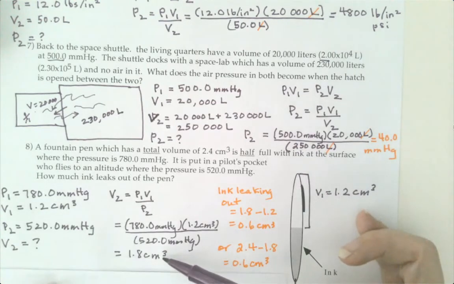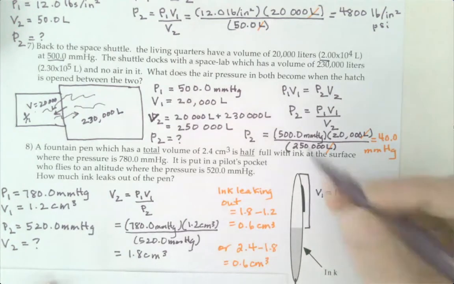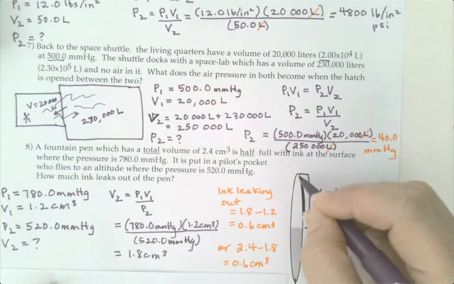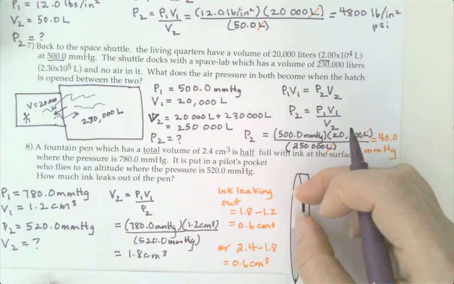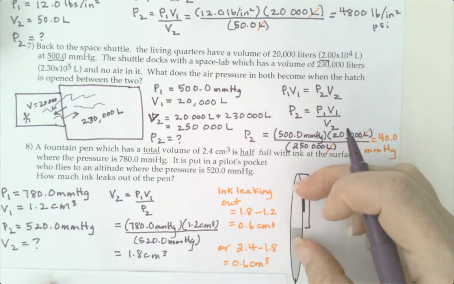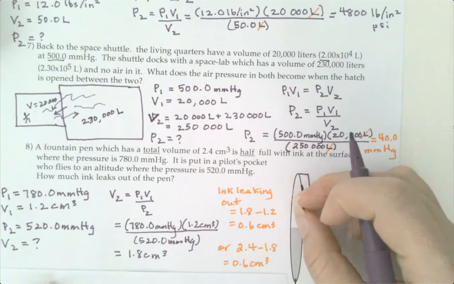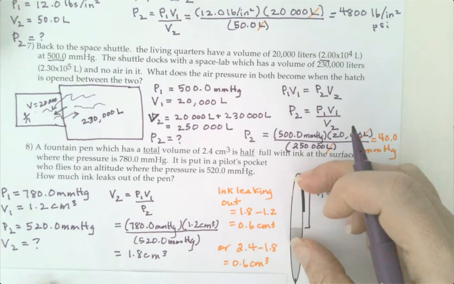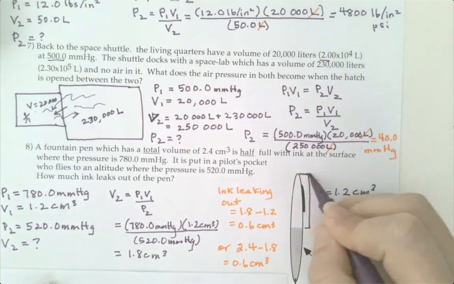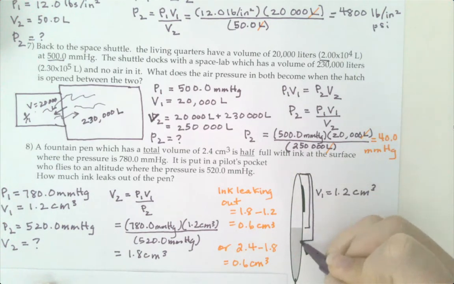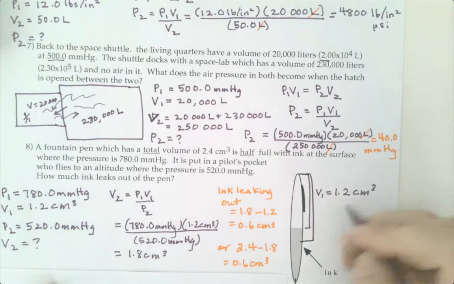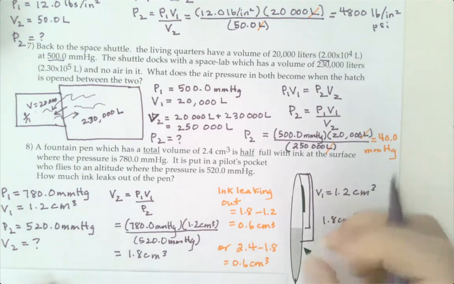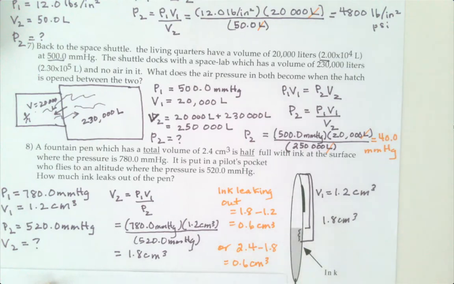What V2 tells me is that this air inside the pen is going to occupy a greater amount of space, because as you go up in altitude, the volume of gas increases, because the pressure decreased. So now the air occupies not 1.2 centimeters cubed, but 1.8 centimeters cubed. That means that a portion of the ink will get squeezed out of the pen.